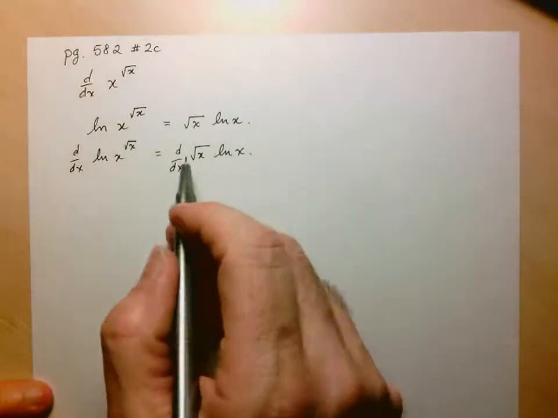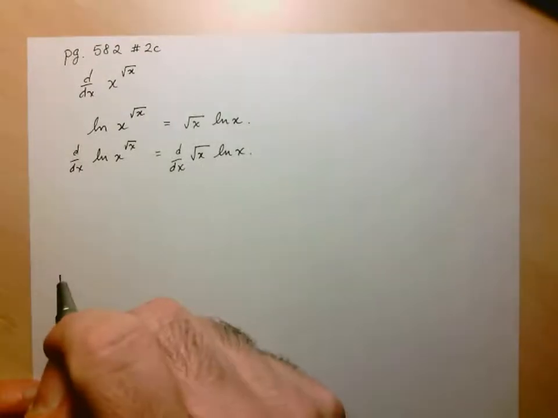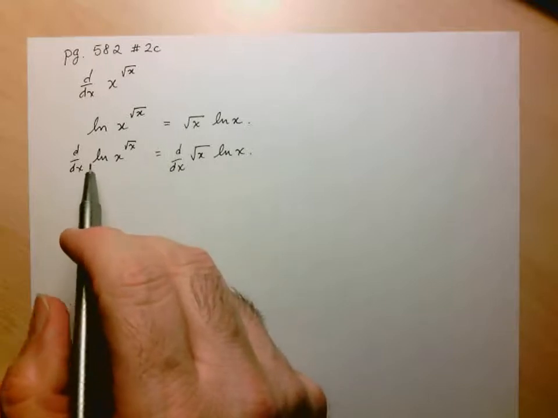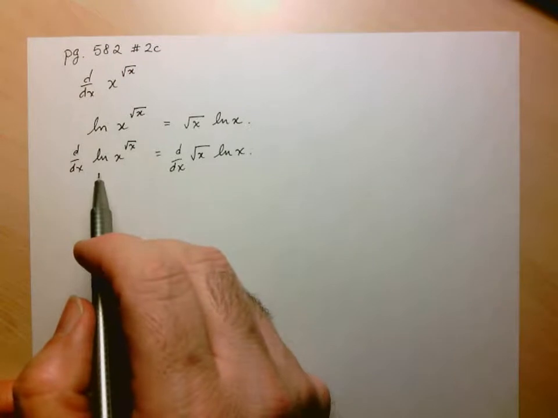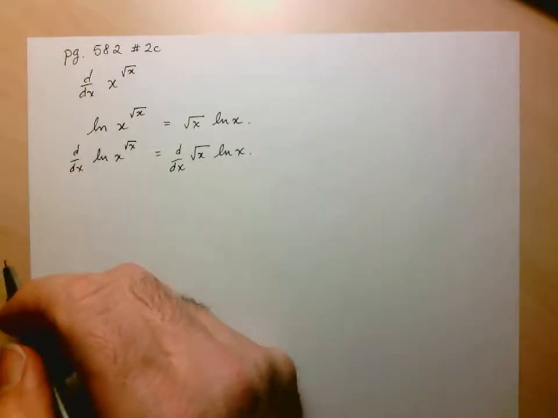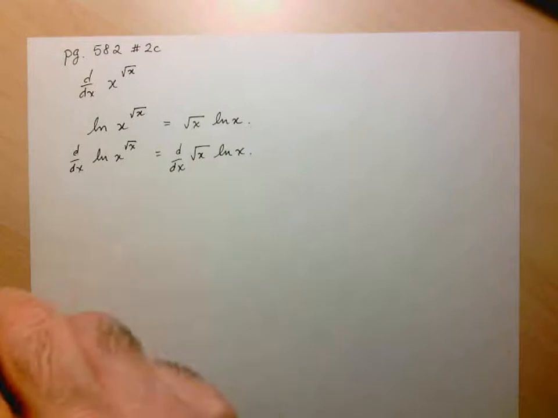Okay, straightforward product rule problem. And on the left hand side, part of what's going to come out of taking the derivative of the left hand side is going to be the derivative that I'm actually looking for. Okay, so let's go ahead and do the left hand side.